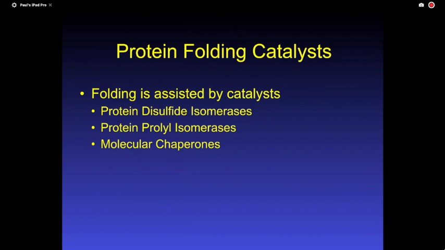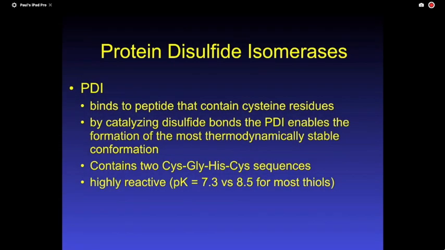Here are some proteins: the protein disulfide isomerase, usually called PDI; the protein prolyl isomerase, usually called PPI; and molecular chaperones. There are a couple classes. The PDI operates this way. It has a sequence in its amino acids near what would be considered the functional site with two cysteines.